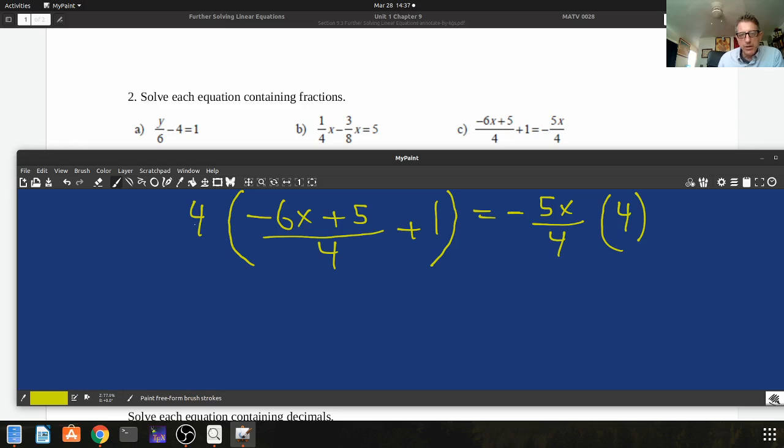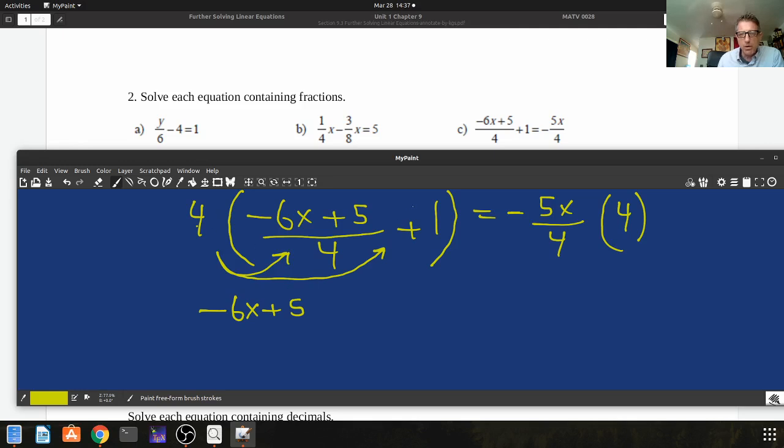So here, 4 is going to be multiplied by this first term and then this second term. So 4 times minus 6x plus 5 divided by 4 is the same as 4 divided by 4, which is 1, times minus 6x plus 5. So that gives me minus 6x plus 5.